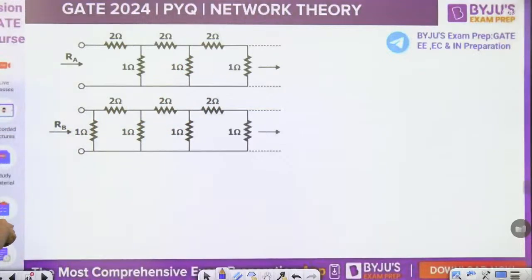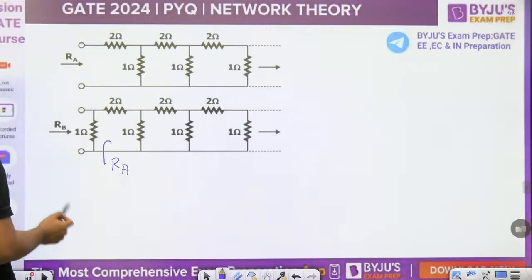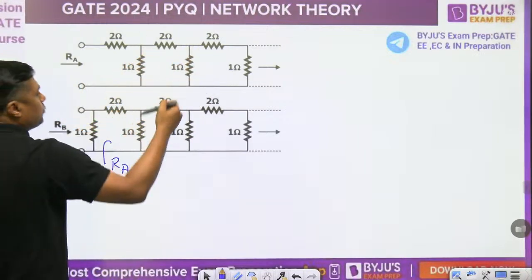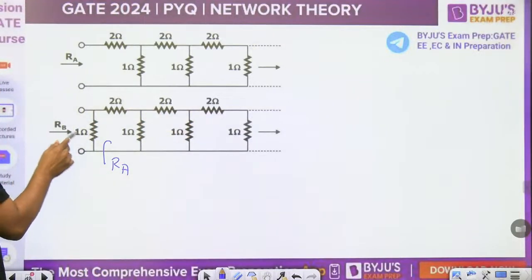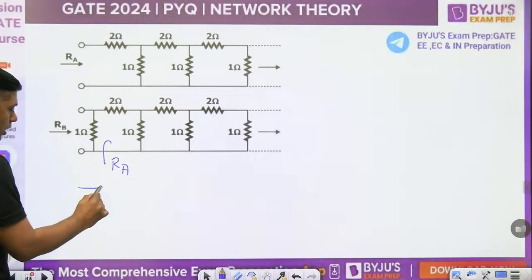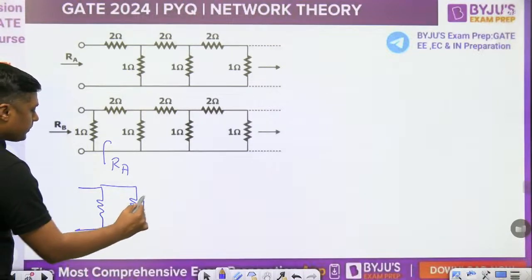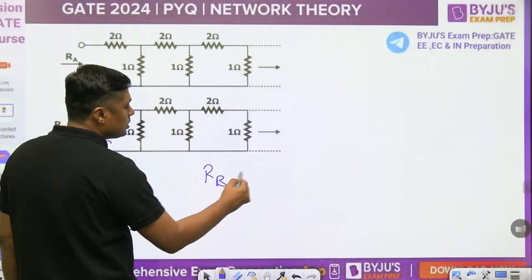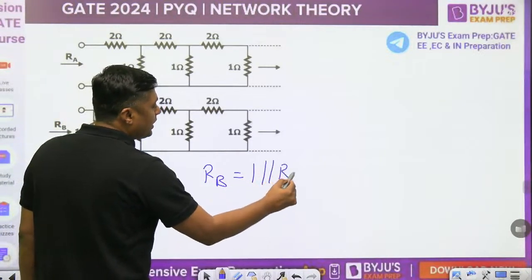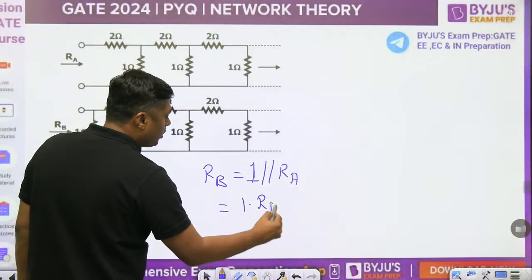What we can do, up to this point, that complete network can be replaced by RA. Because this is the 2, 1, 2, 1, 2, 1 up to infinite. What is the input resistance up to this point? RA. So what is the RB? 1 parallel with RA, because 1 and the complete network is replaced by RA. 1 parallel with RA is nothing but the value of RB. What is the RB? 1 parallel with RA, 1 into RA upon 1 plus RA.